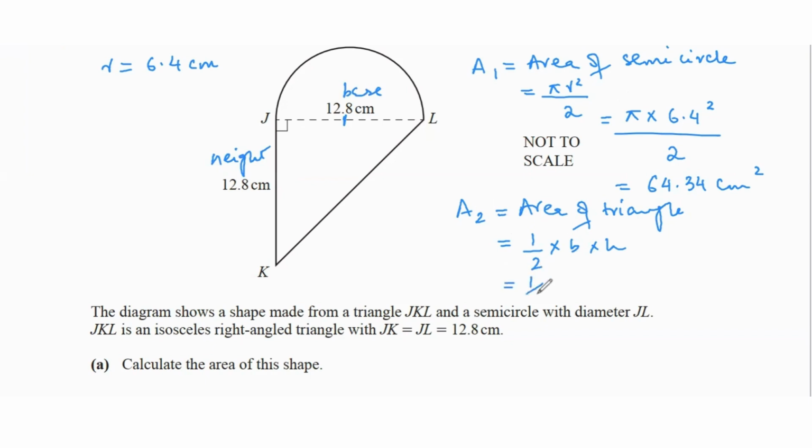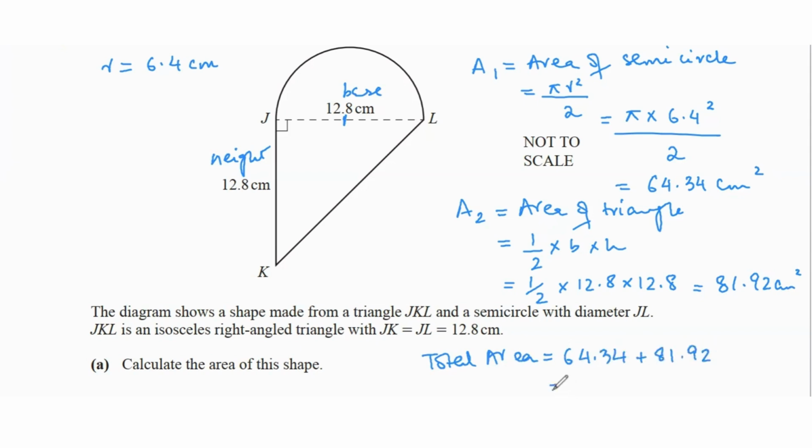So that's going to be 1 over 2 times 12.8 times 12.8, and that is going to give you 81.92 centimeters squared. Now to find the total area of this composite shape, we'll add up area 1 and area 2. So that's 64.34 plus 81.92, and that equals 146.26 centimeters squared. That is your answer.